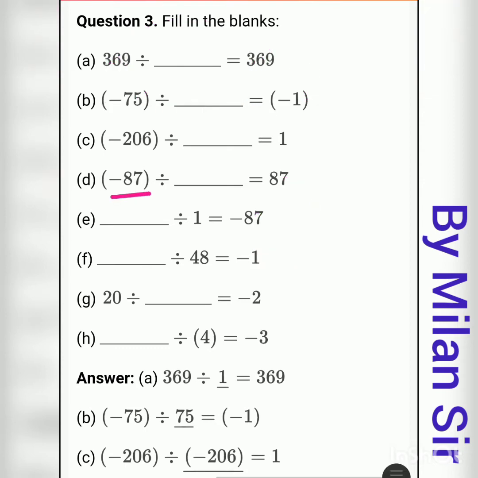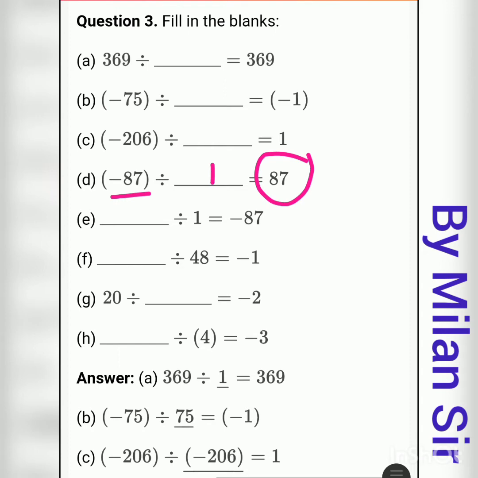Here we have 87 and we want the same answer. If we want the same answer, then we need to put 1. Here two things are there. If we want the same answer, then we need to divide by 1, and if we want the answer 1, we need to divide by the same number. Okay, if we want answer 1, then we need to divide a number by the same number.